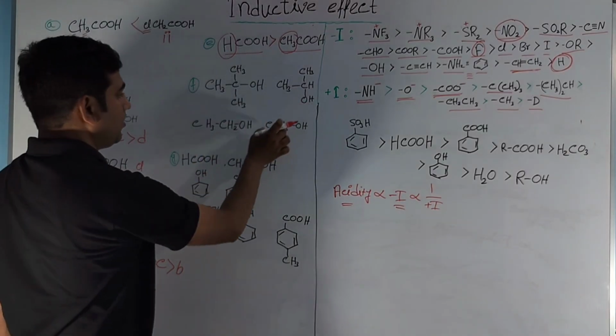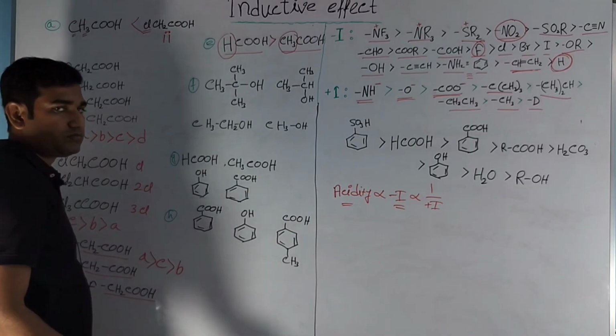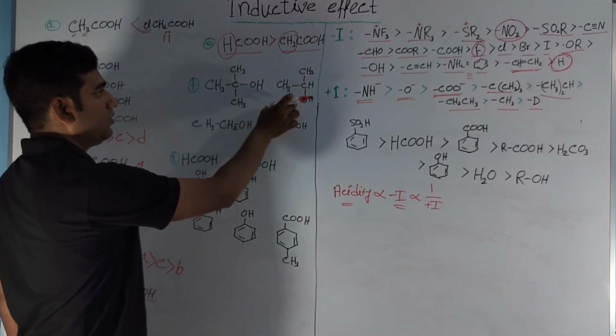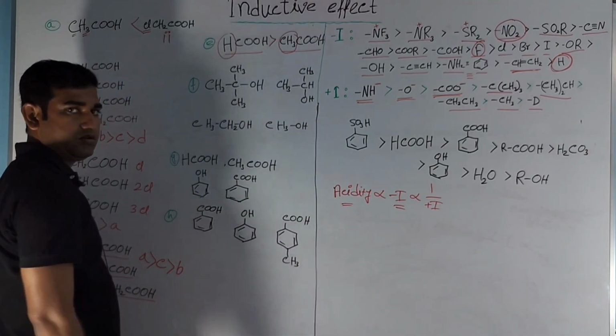Here, for the 4 alcohols, we have to compare the acidity. First one tert-butanol, isopropanol, ethanol, methanol.